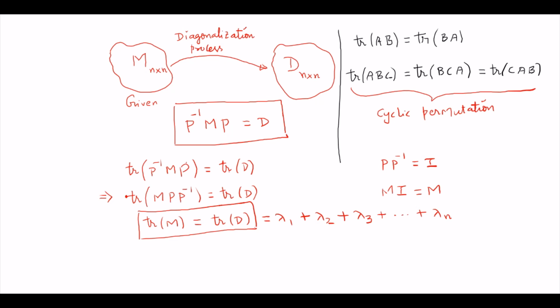Next, suppose I want to take the trace of M to the power alpha, where alpha is some integer. Now what should I do?